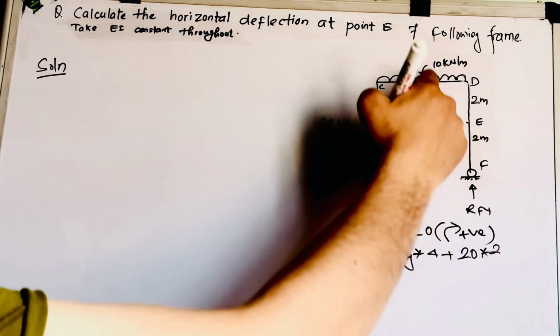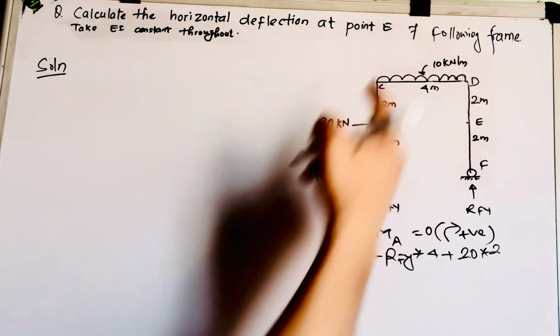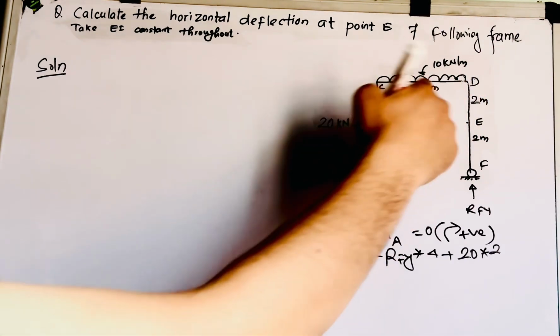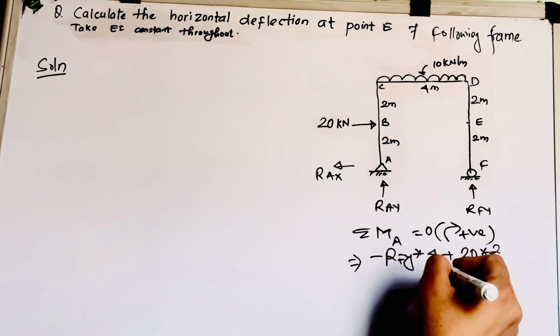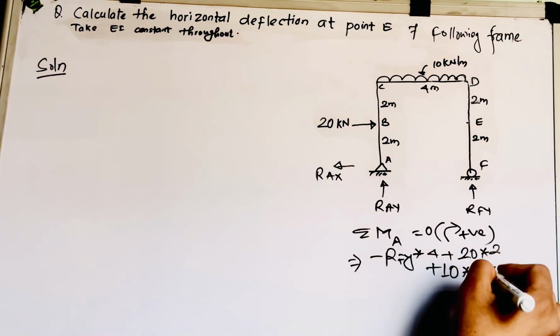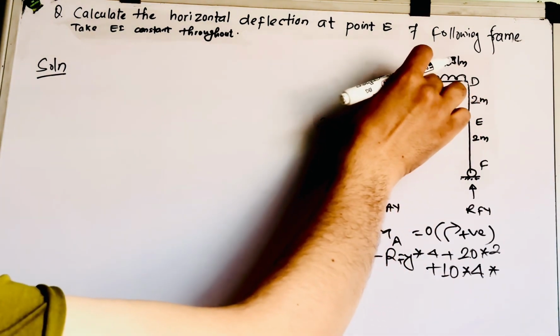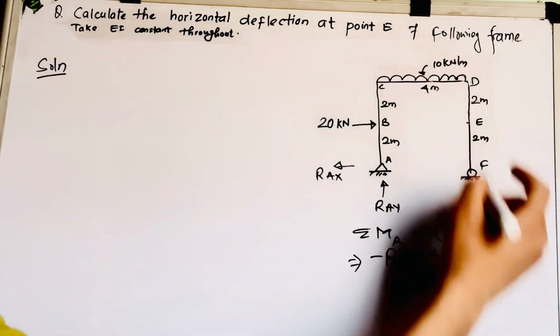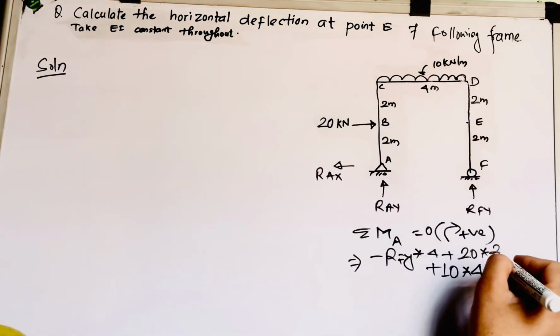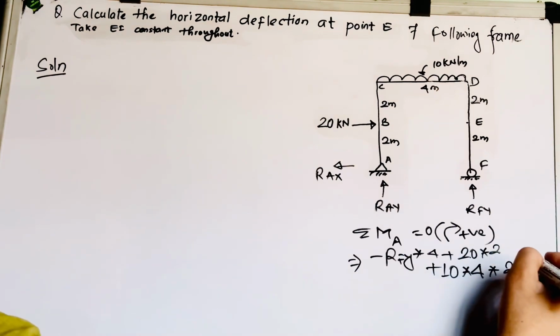This is clockwise. Here it is a uniformly distributed load of 10 kilonewton per meter. It is giving clockwise moment about point A, so you have to write plus, so it is 10 into distance 4. Its point of application is the centroid of this geometry, that is 4 by 2 is 2, equals 0.